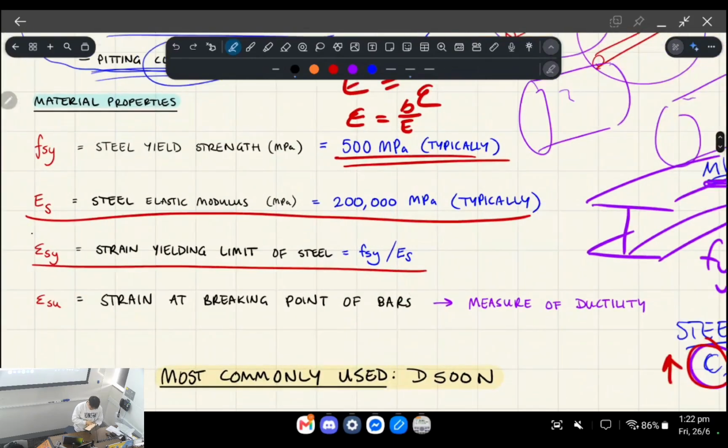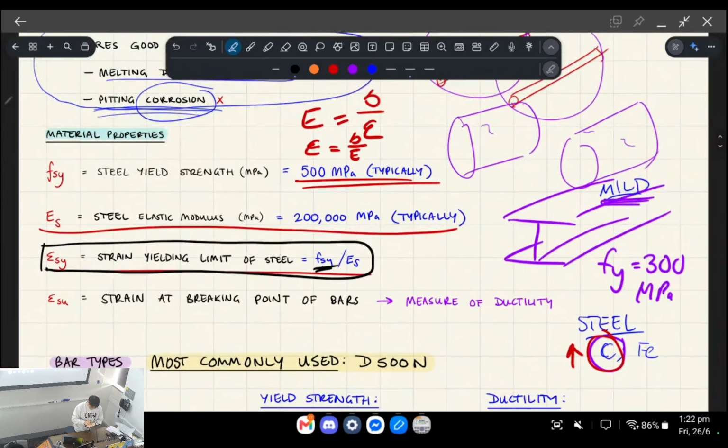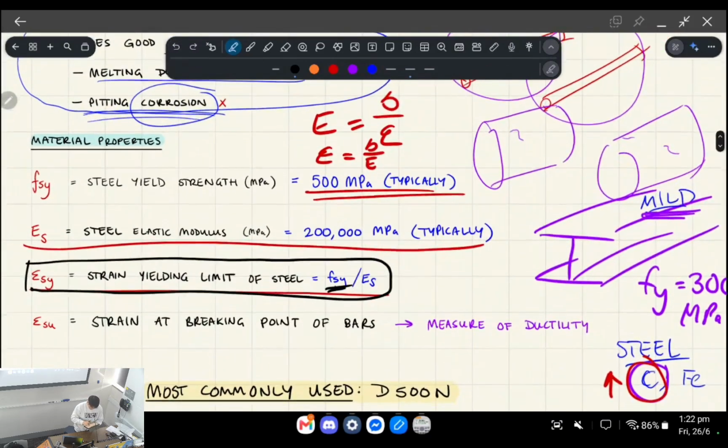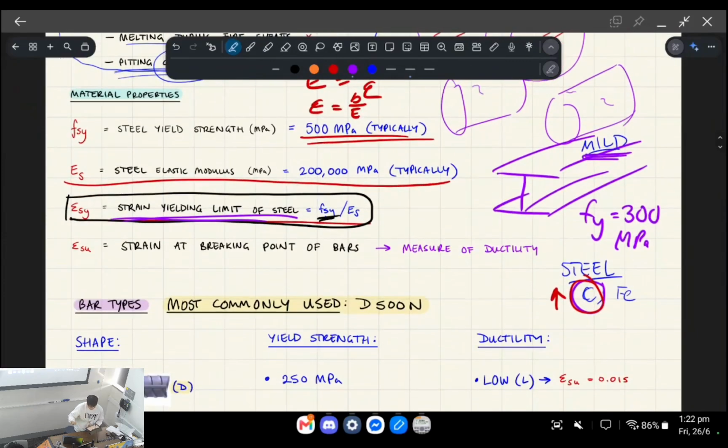This is how you can deduce the strain yielding limit. So you get the strength and yielding of the steel and divide it by the stiffness, okay? We'll get back to what this means next week when we start to do calculations regarding strain, okay?